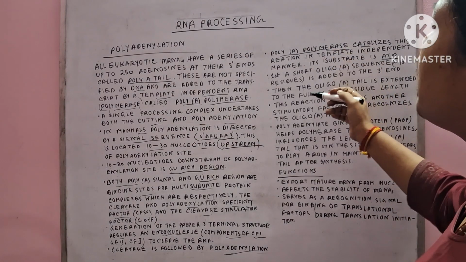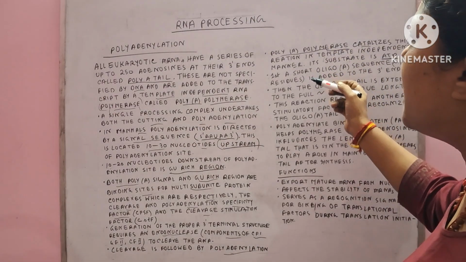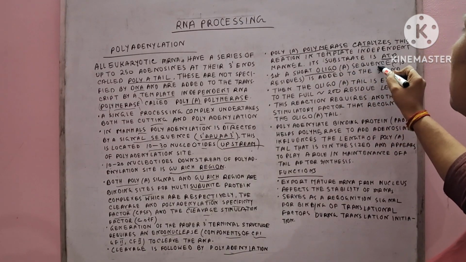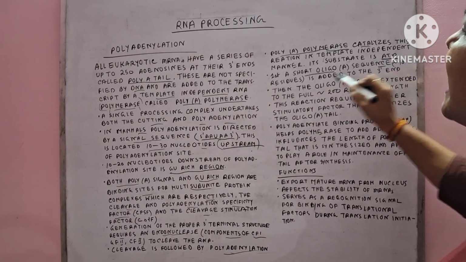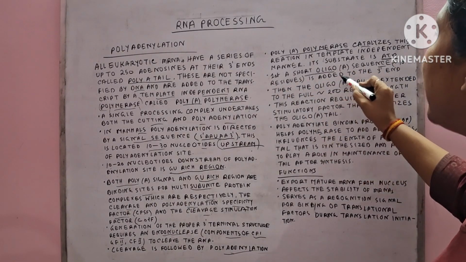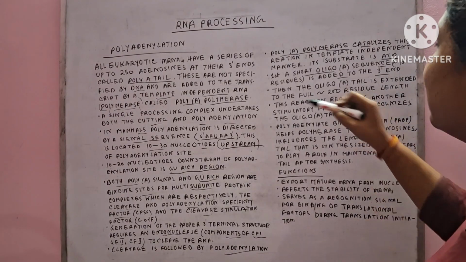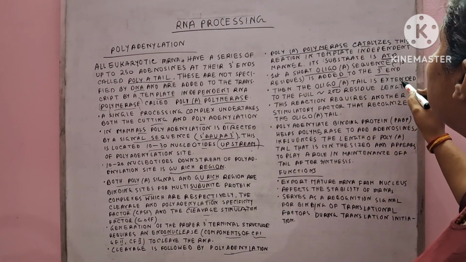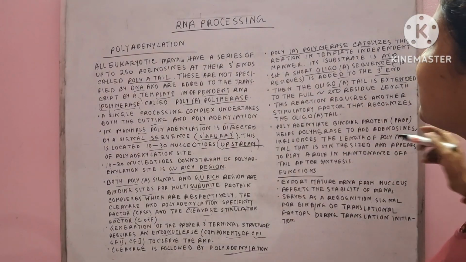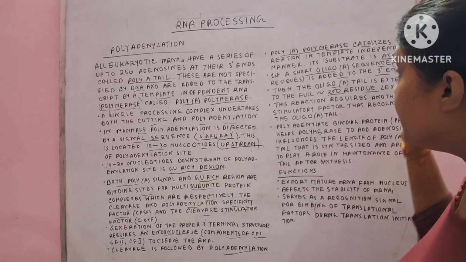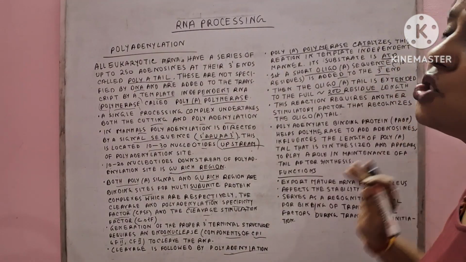And in the first step, what happened in the polyadenylation process? A short oligo A sequence, up to 10 residues, is added to the 3' end. Then the oligo A tail is extended up to 200 residues in length, and this is the polyadenylation process.